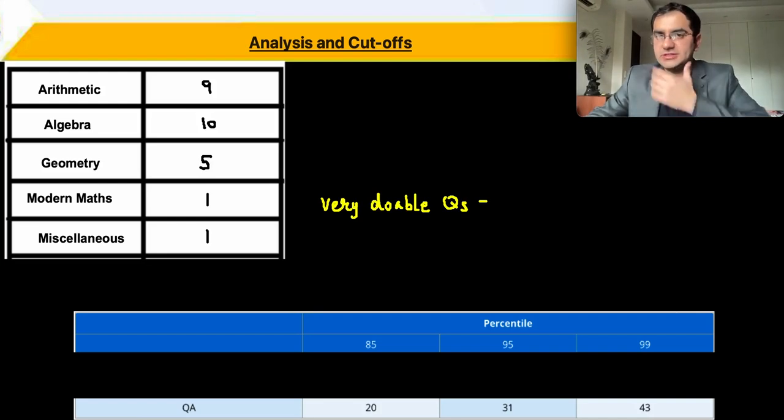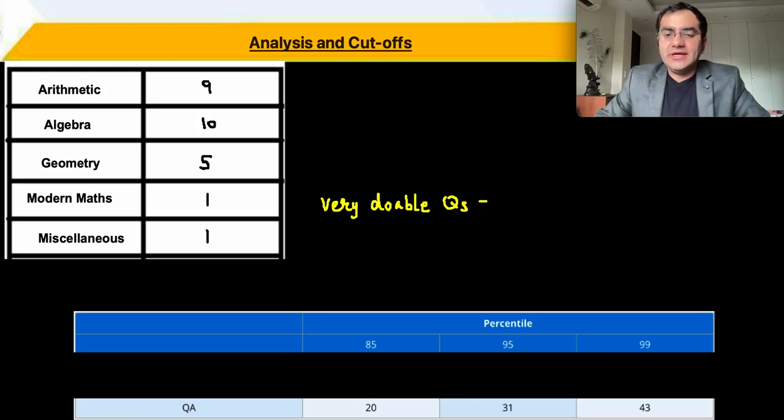So since we have completed our solutions for all of the questions, I would like to take this moment to point out which were the very, very easy and doable questions which an average student could also have done, although of course it is not so easy with an average preparation for you to be able to select the easy questions.